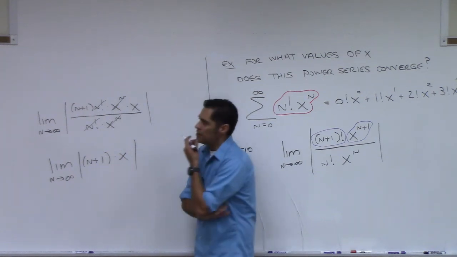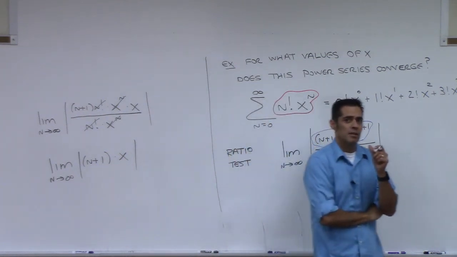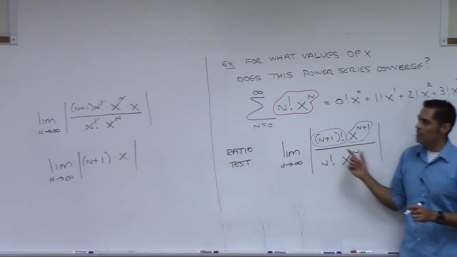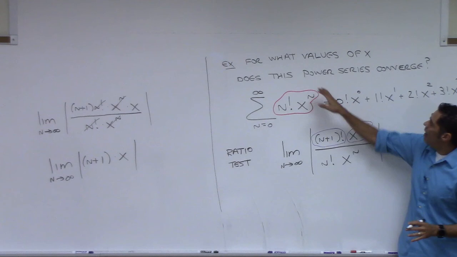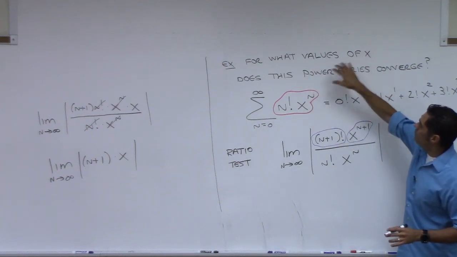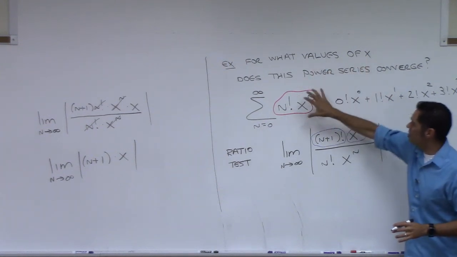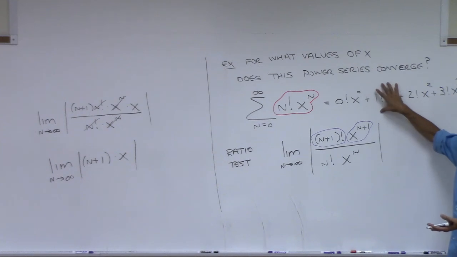So let's think about this. What does the ratio test tell us? If we take this limit and that limit is less than 1, we have convergence, right? If it's greater than 1, it's divergent. We're trying to figure out for what values of x this series will converge.